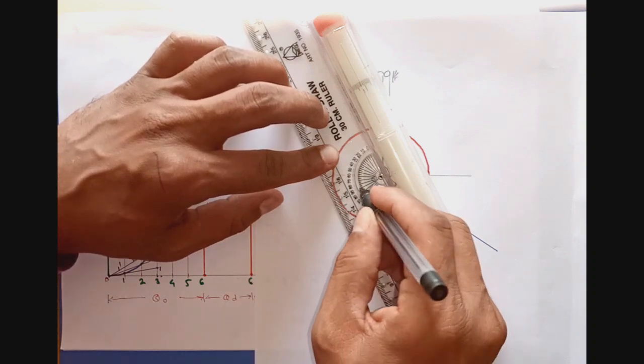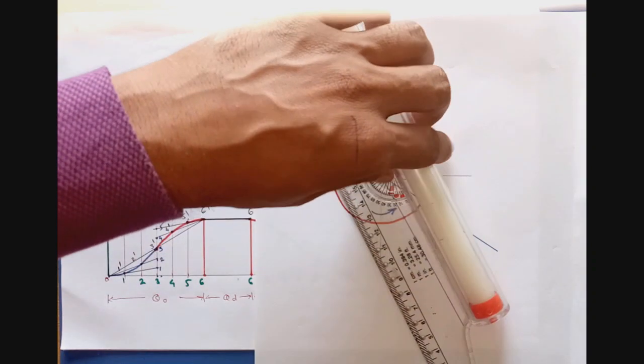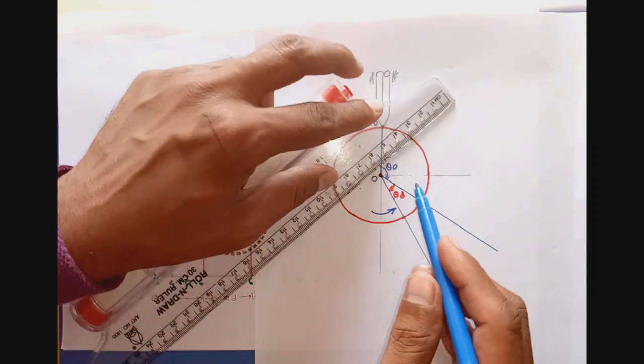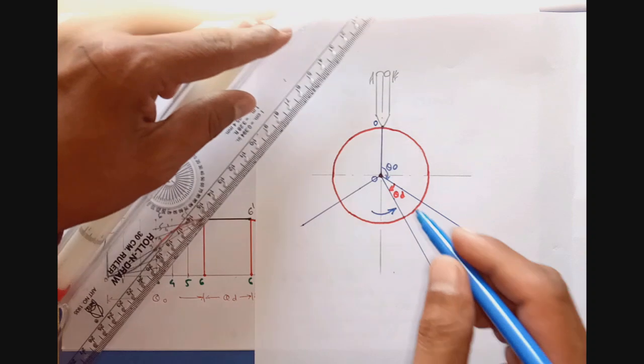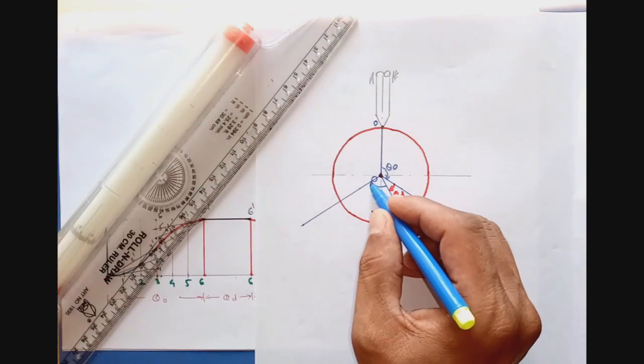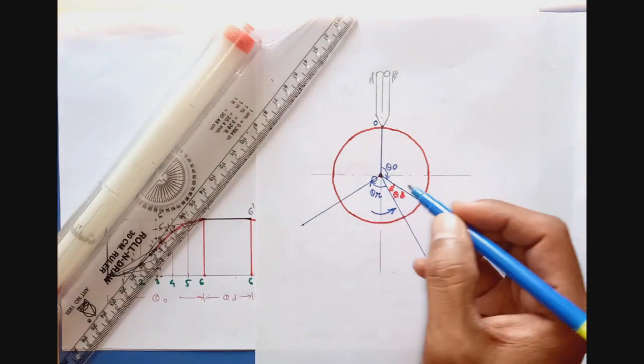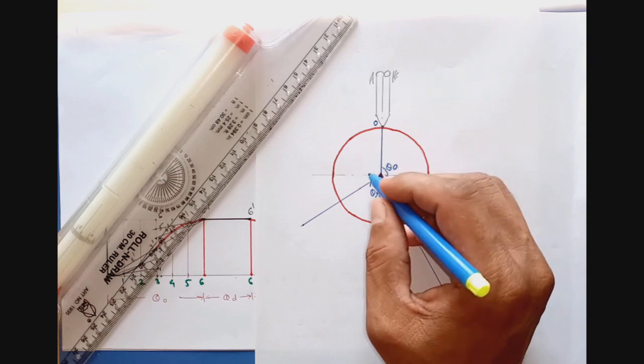So here is the 90 degrees, the end of return stroke. So this is theta R, and the rest of the period is dwell.